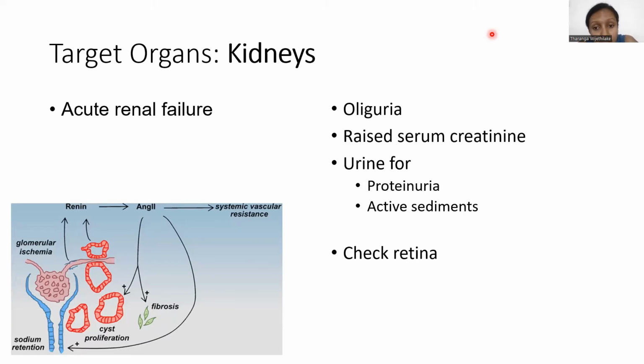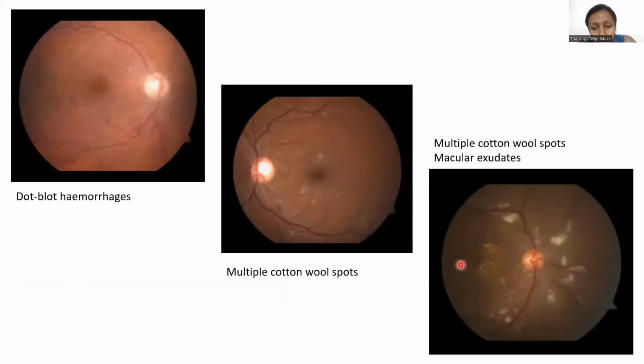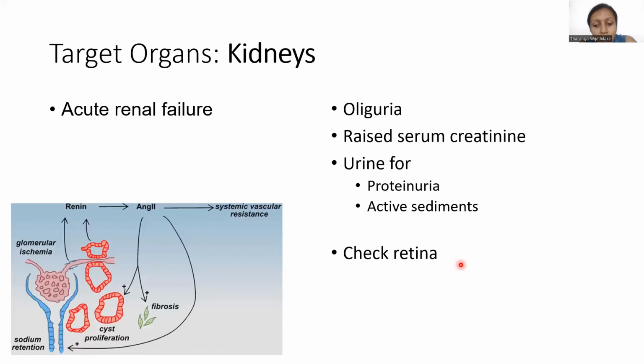But if the patient has oliguric renal failure, it is more evident to us. We would detect it early. The other things we would see would be raised serum creatinine, urine would show proteinuria, active sediments, and it's always good to check the retina because these two go together. Kidney and the eye involvement goes together.